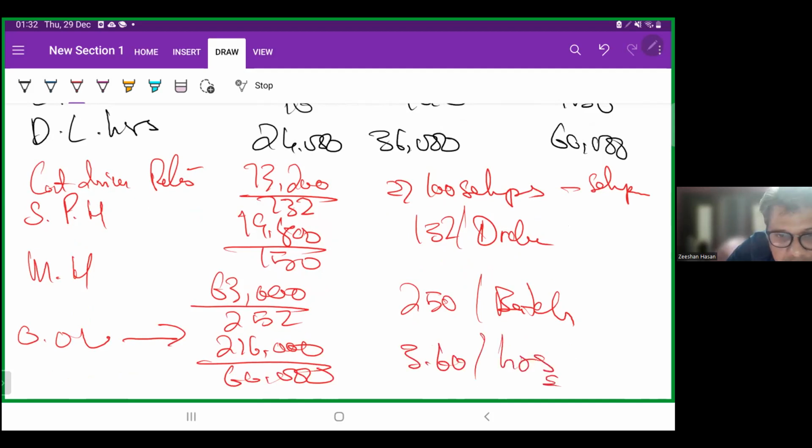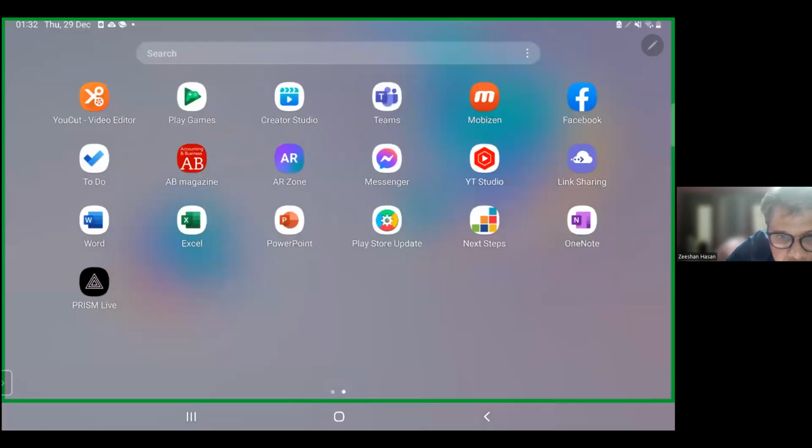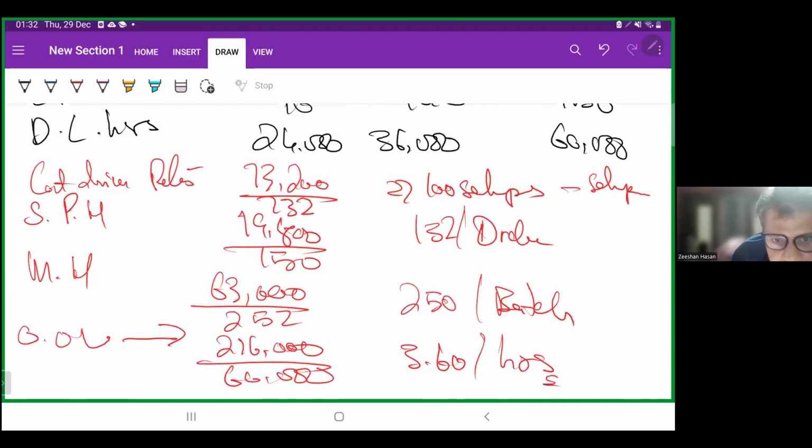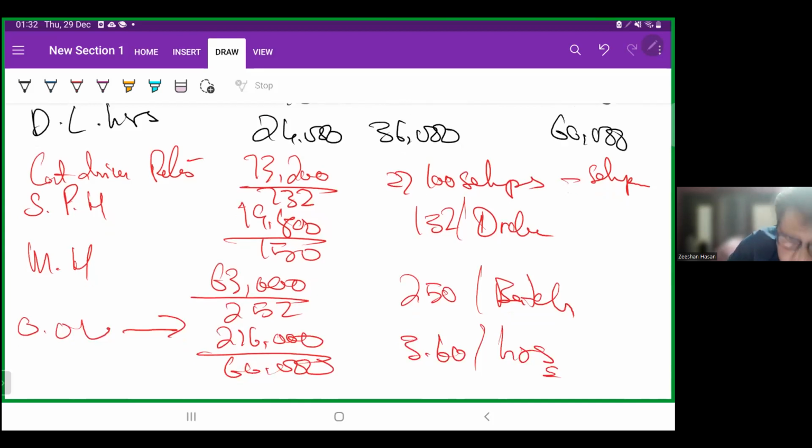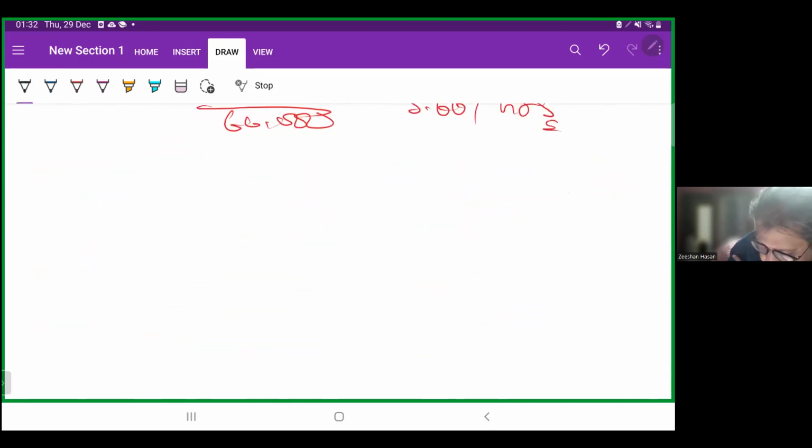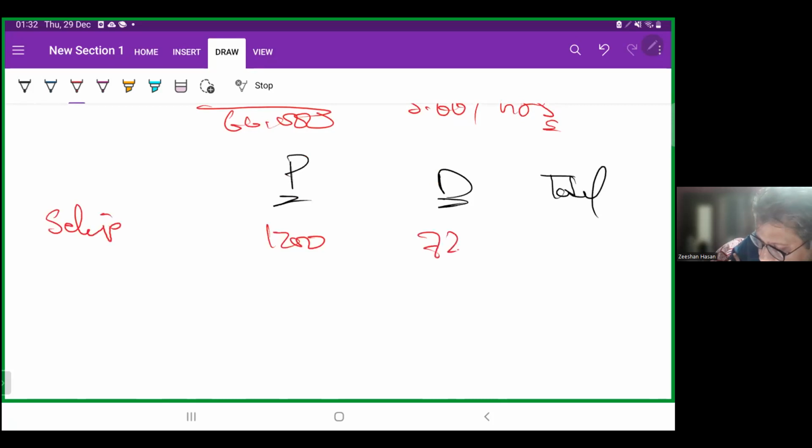We are done with these workings. Now we just need to do the totaling. Two products, P and D, and total. Setup: 1200, 72,000, total 73,200.